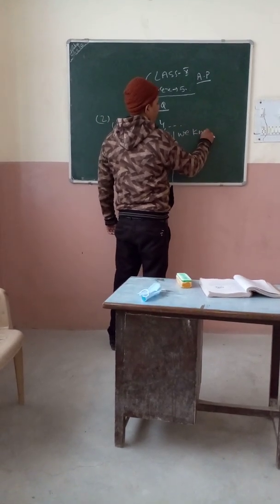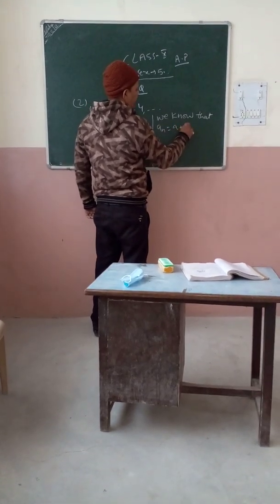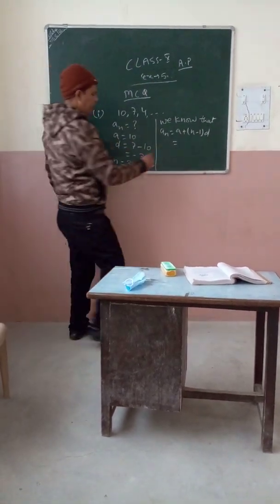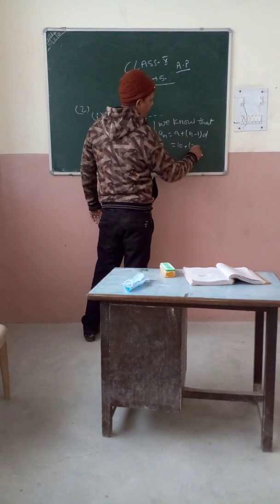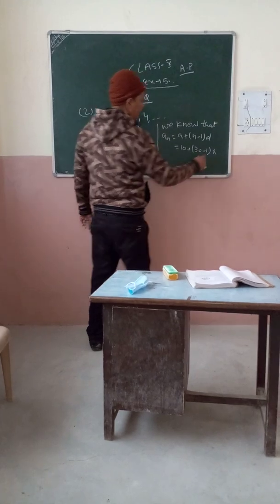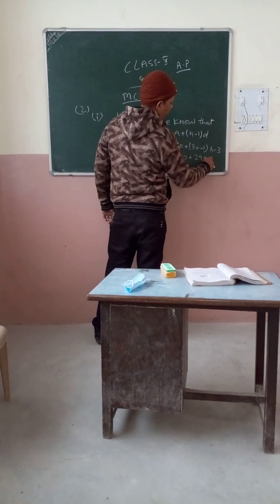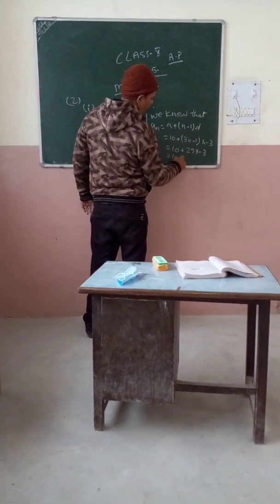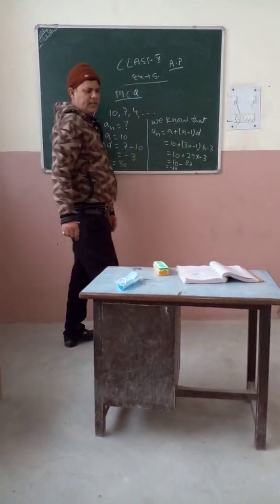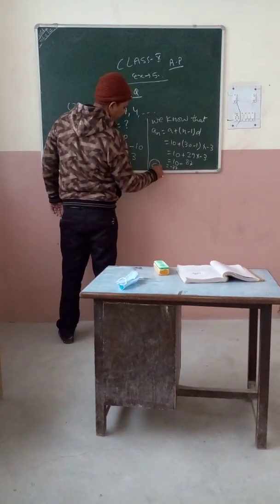We know that an equal to A plus n minus 1 into D. So put the value of A as 10, n as 30 minus 1, and D equal to minus 3. So 10 plus 29 multiplied by minus 3, 10 minus 87 equal to minus 77. So what is the correct answer? The correct answer is C.